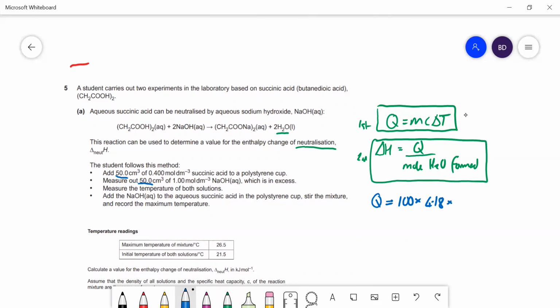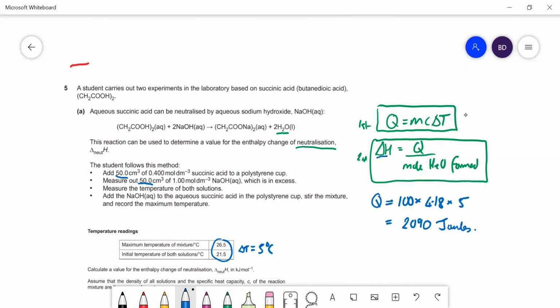And the temperature rise, 26.5 minus 21, so delta T is 5 degrees C. So that's times 5. Work that out. That gives us a value of Q of 2090 joules.